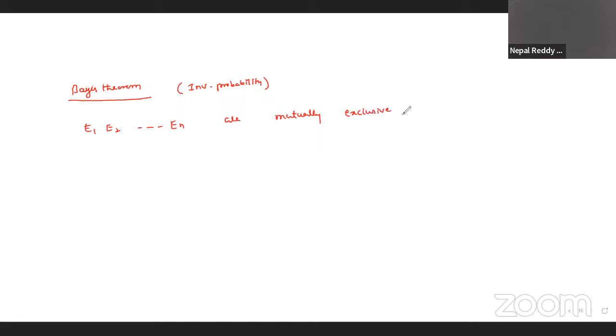All the n events are mutually exclusive and exhaustive events, in which event A, let capital A, can occur with any of the events.